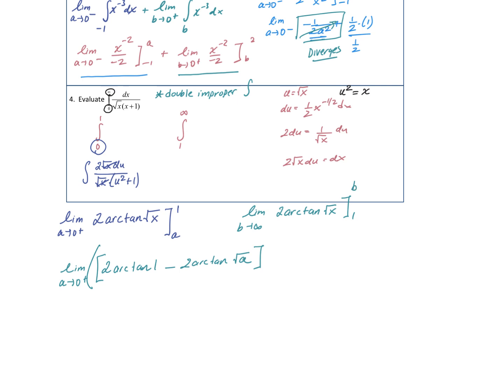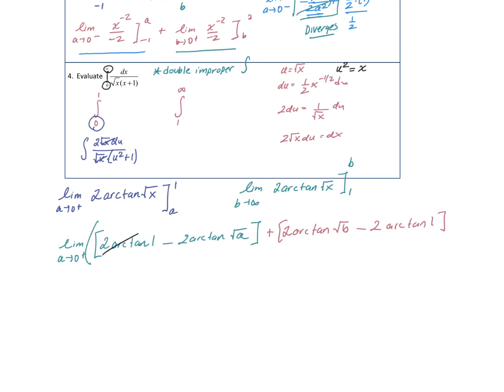If I plug in my bounds, we're going to get 2 arctan of b, and then minus 2 arctan of 1, like that.